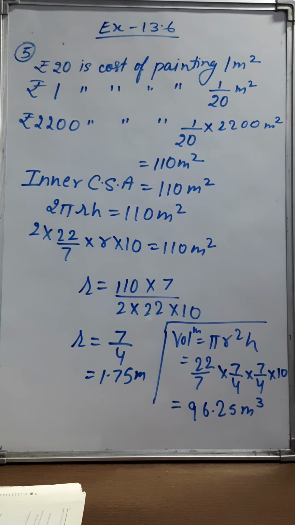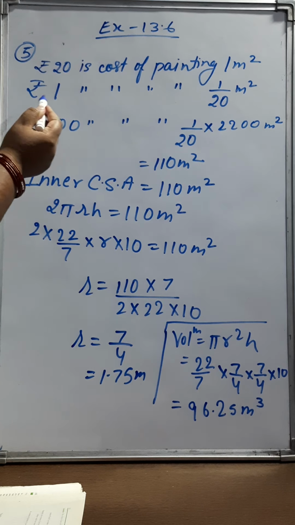Capacity means its volume. So here, the cost of painting the inner curved surface area of the cylindrical vessel is given to be 2200 at the rate of rupees 20 per meter square. So by the unitary method, we can calculate the inner curved surface area. We can write rupees 20 is the cost of painting 1 meter square.